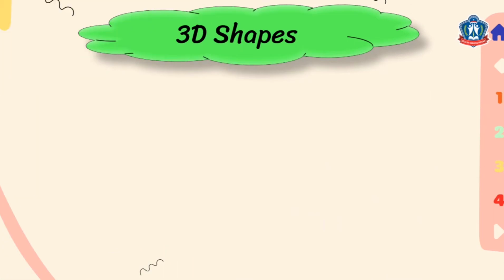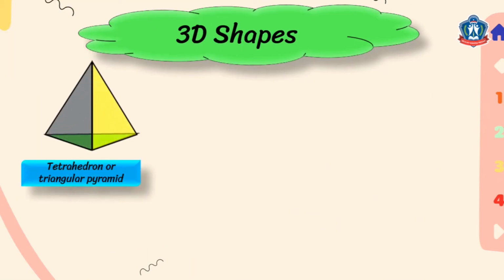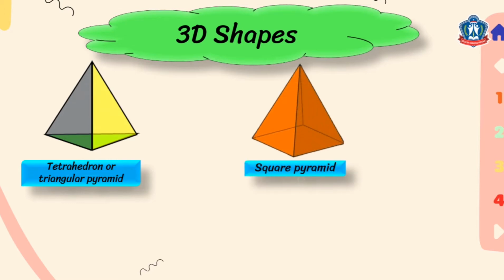Other 3D shapes are pyramids. This one is a tetrahedron or triangular pyramid. It consists of only 4 faces, which are all triangles. Another is a square pyramid. From the name square, it has a square base at the bottom and all the other faces are triangles.